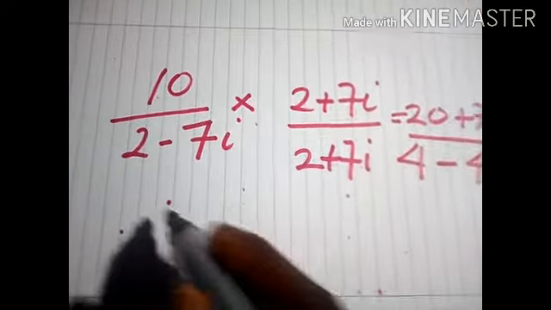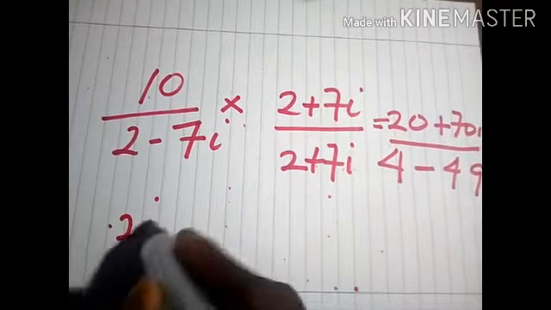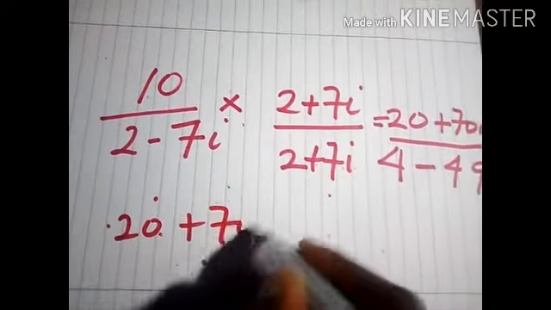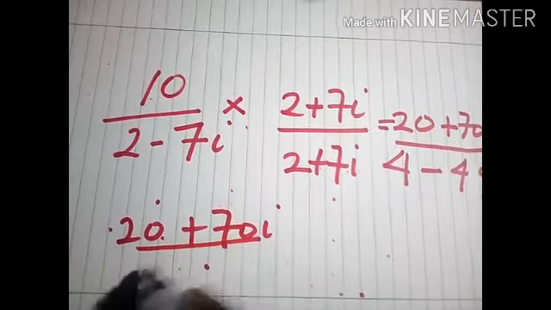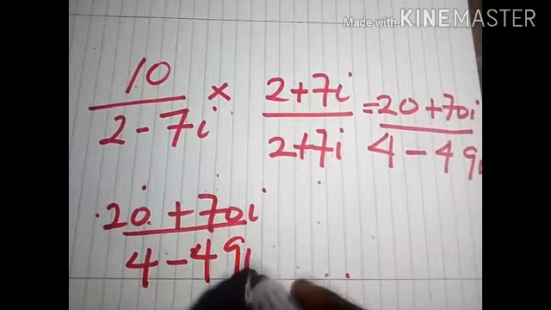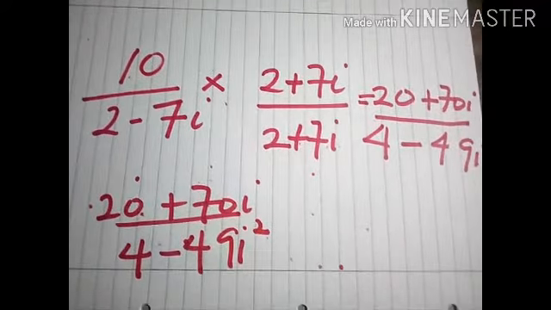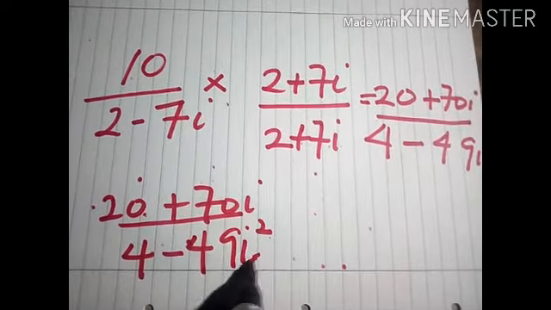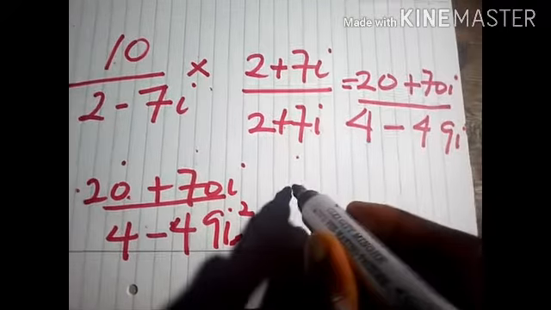So let's simplify further. So that will be 20 plus 70i divided by 4 minus 49i squared. Now we know i squared is negative 1. So let's replace that quickly.